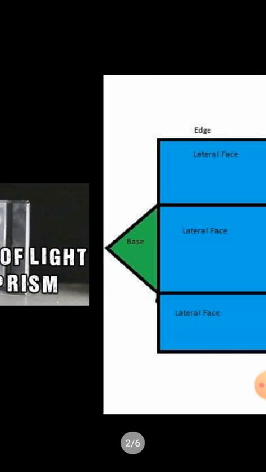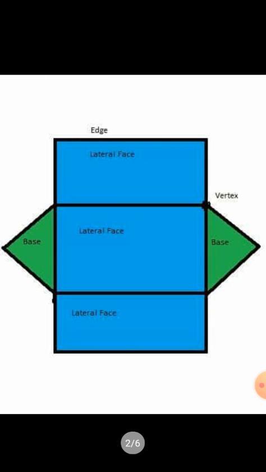Now, let us see how a two-dimensional view of the glass prism looks. We can find two triangular ends in the green color and three rectangular sides in the blue color.